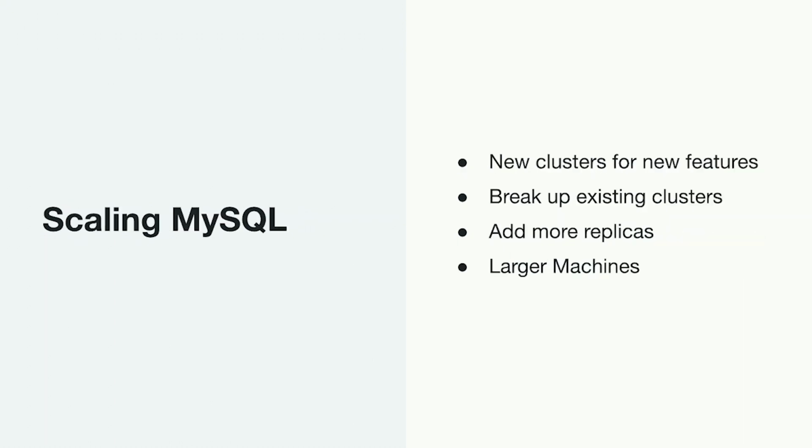So when we needed to scale MySQL, we basically employed 4 different strategies. So when we build new features, we try to build them using completely new clusters to make sure that there's no overloading or unexpected growth happening on existing clusters. We would also break up existing clusters if they became unbearable to manage.